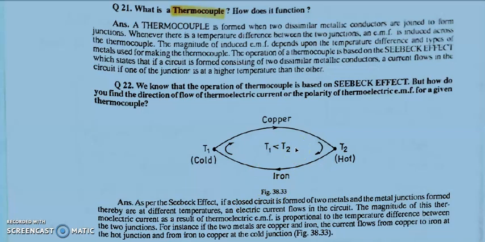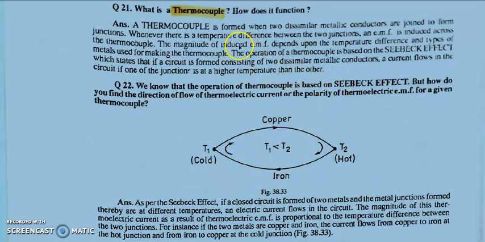How is it a transducer? Due to change in temperature, there is a generation of voltage directly between these two junctions, cold junction and hot junction, and this effect is known as the Seebeck effect.